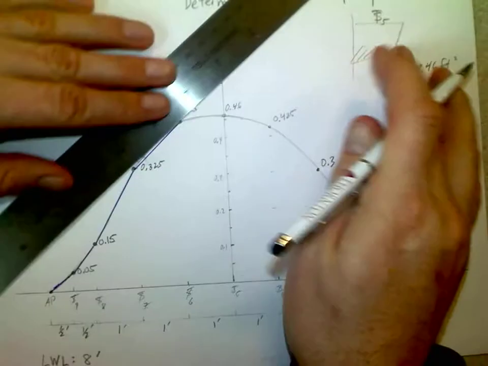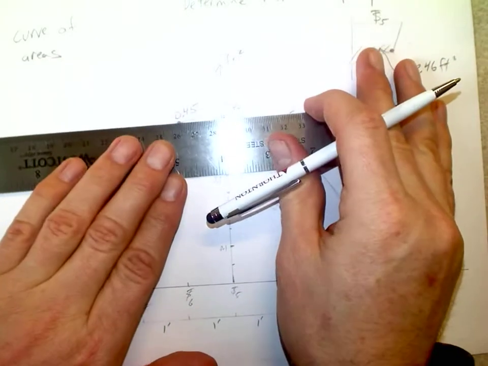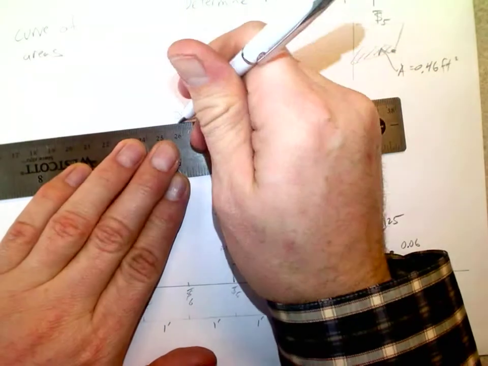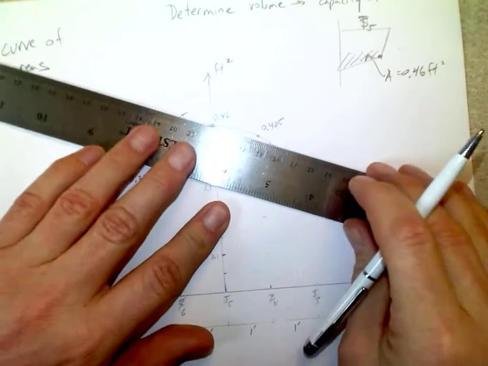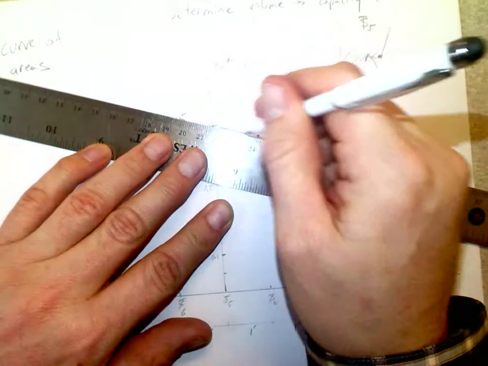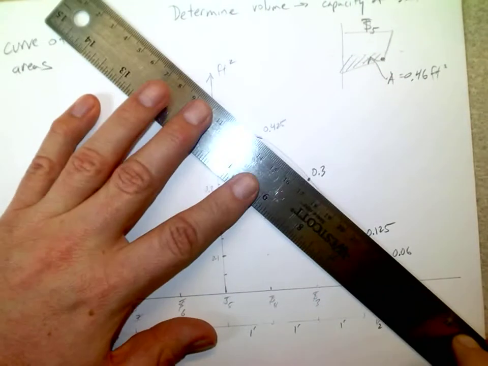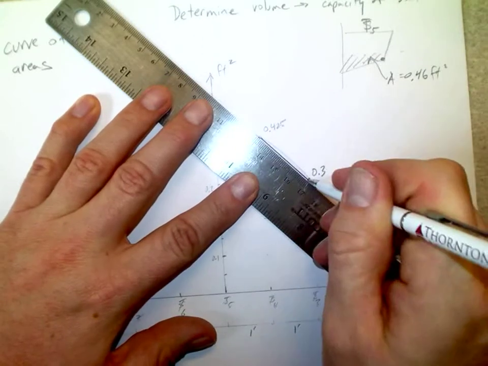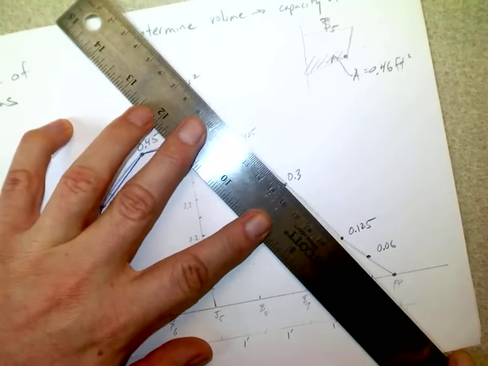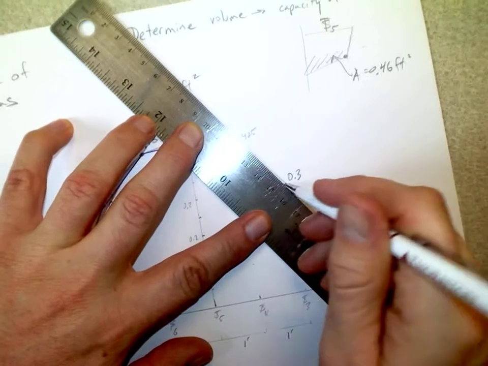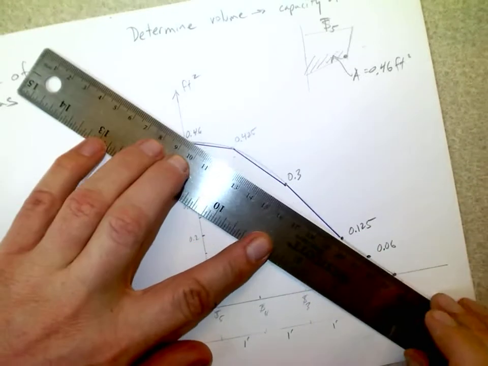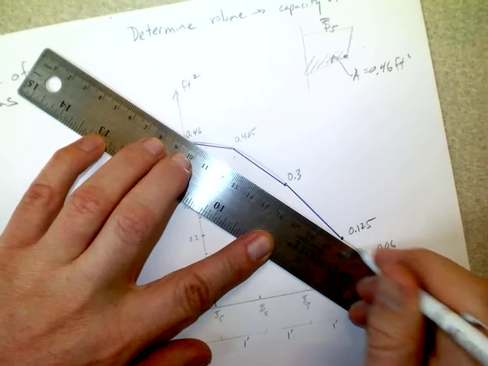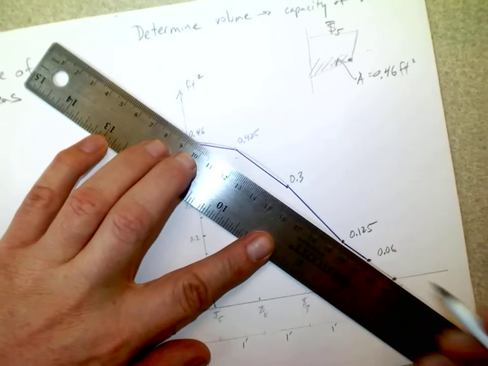So what I'm doing is connecting point to point on my area curves example. This is going to generate more of a geometric figure, or a series of figures that will actually be trapezoids.